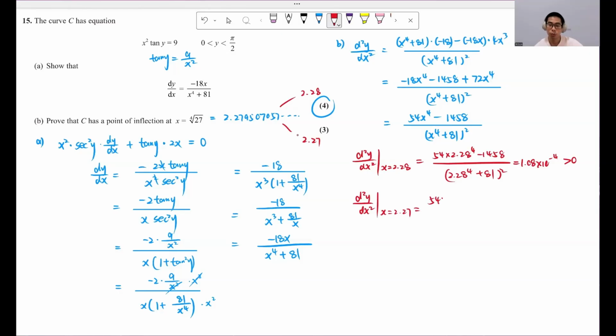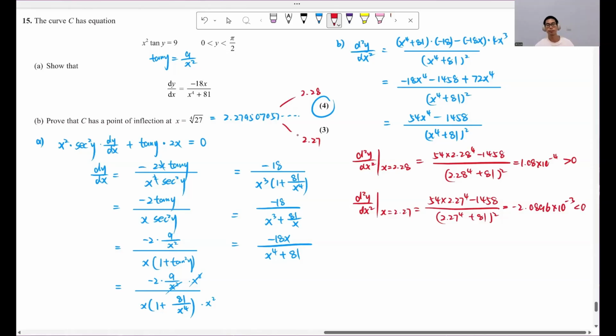So 54 times 2.27 to the power 4 minus 1458 over 2.27 to the power 4 plus 81 all squared. So I'm just going to change all the 2.28 into 2.27 in my calculator. So that is equal to negative 2.0896 times 10 to the power negative 3, which is less than 0.